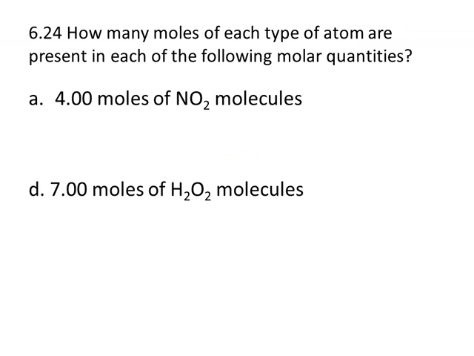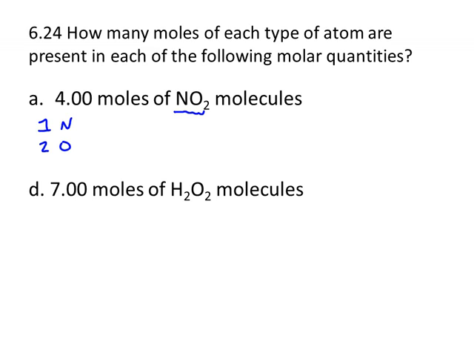Okay, next question. How many moles of each type of atom are present in each of the following molar quantities? So I have 4.00 moles of NO2 molecules. And what I want to assess right now is, when I look at this formula, what do I have in it? Well, I have 1 N and I have 2 O's.